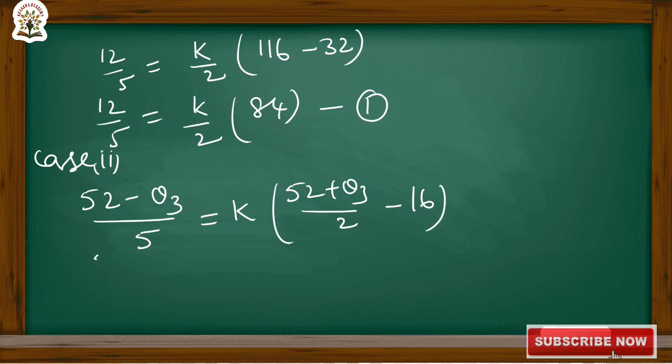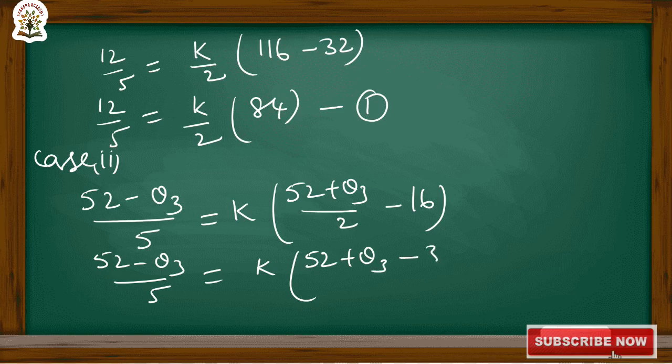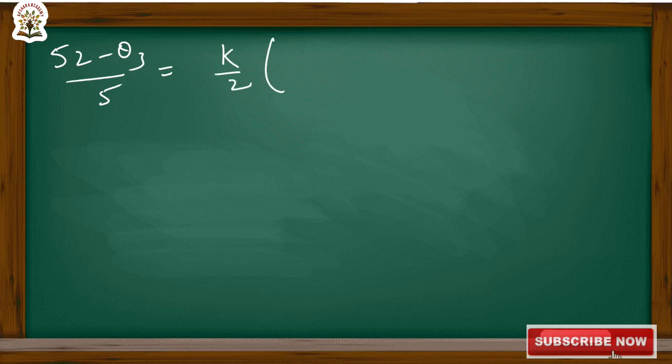So (52 minus theta 3) by 5 is equals to k of, taking LCM, (52 plus theta 3 minus 32), 16 into 2 is 32, by 2. Next (52 minus theta 3) by 5 is equals to k by 2 of (52 minus 32, 20, plus theta 3). This is equation number 2.